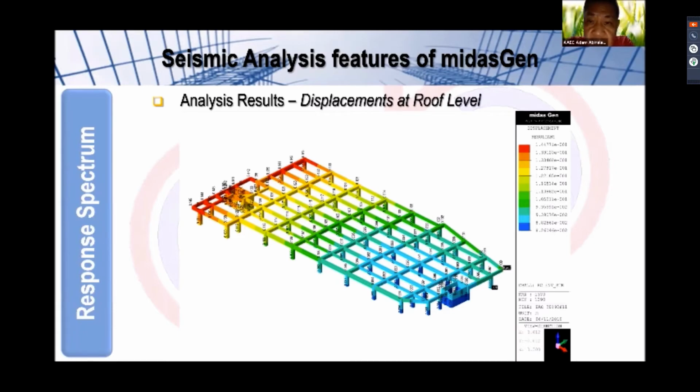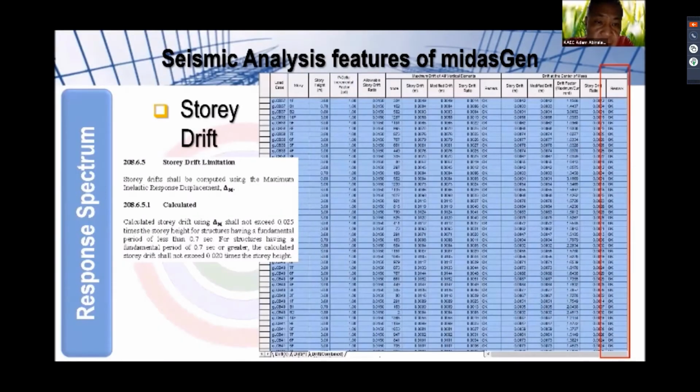But of course, we check the story drift as prescribed in section 208.6.5, wherein we calculate the maximum inelastic response displacement, the delta M, and then we compute this, and then we get the drift at the extremities of the building.